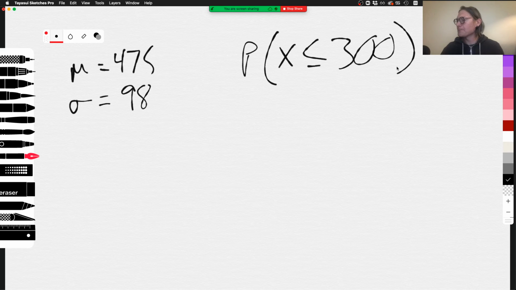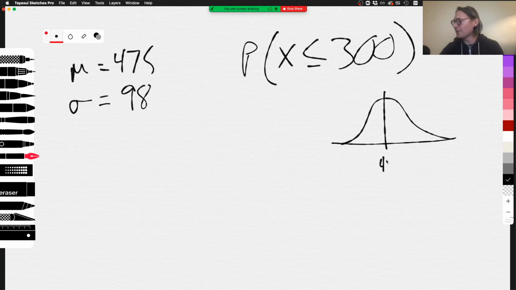Okay? So if I draw this out a little bit, we've got a mean of 475. We've got a standard deviation of 98. So this is 475 minus 98, 475 plus 98.